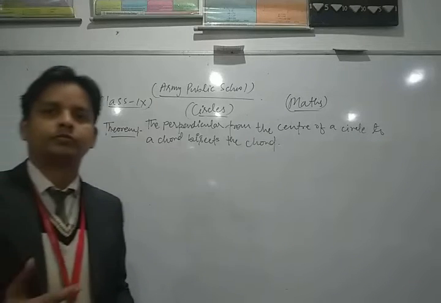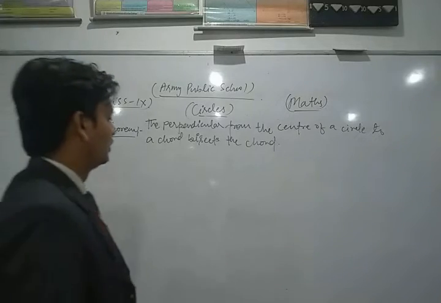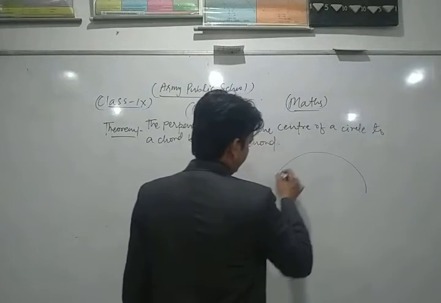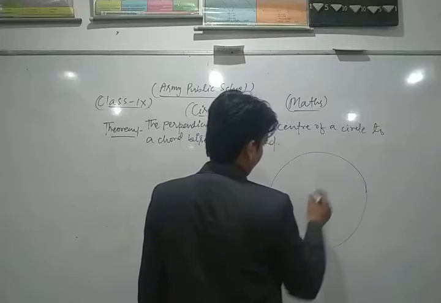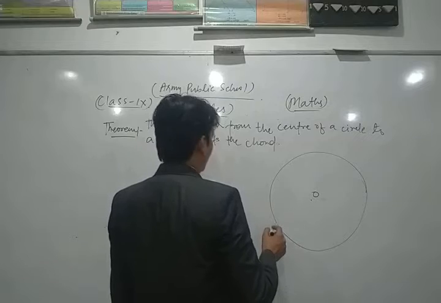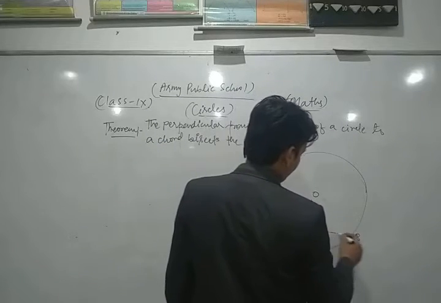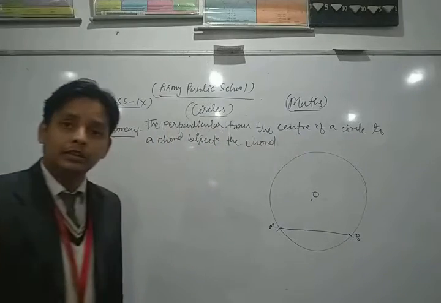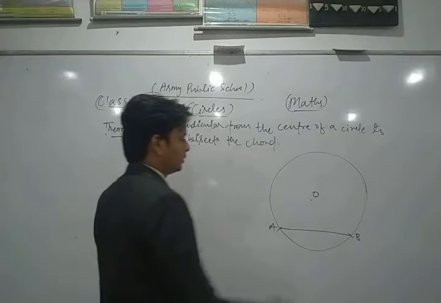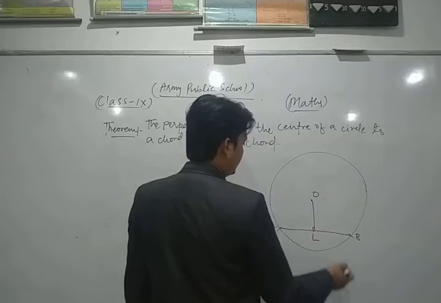Now look, first of all we draw a circle with center O and a chord. We take A and B as any two points on the circle and join them. So this is the chord. Suppose that we draw OL perpendicular to AB.